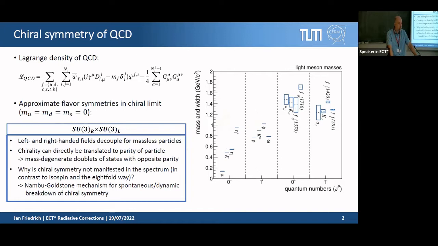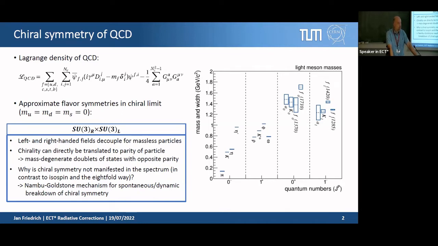In principle, if this were the full story, it would translate directly to parity doublets in the mass spectrum, but this is of course not the case. We have the 0- quantum numbers being almost massless, and the corresponding 0+ only at quite high energies.